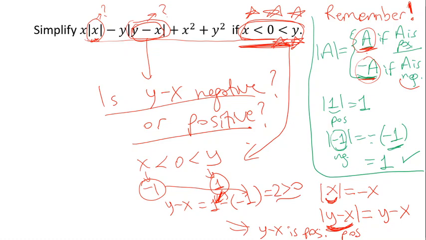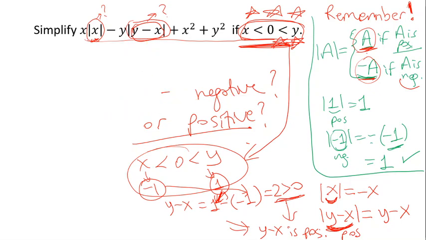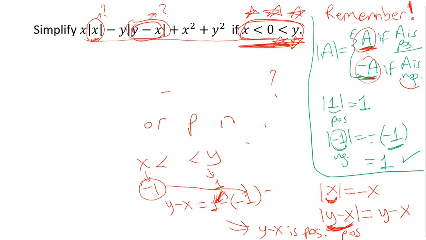So for these choices of x and y, y minus x is positive. Anyway, in this case, we got what we wanted.